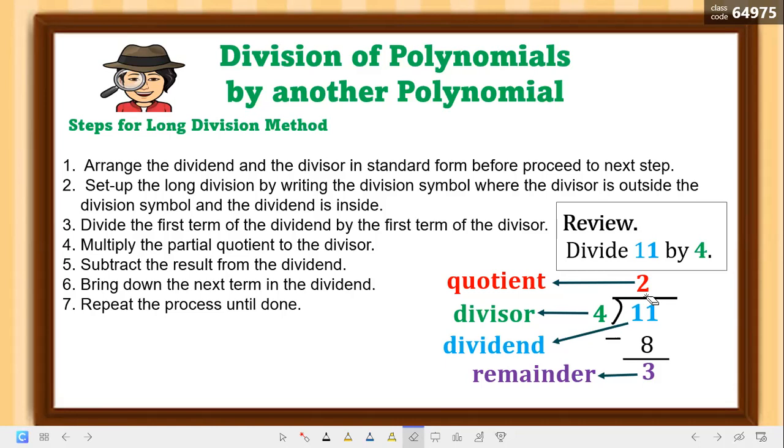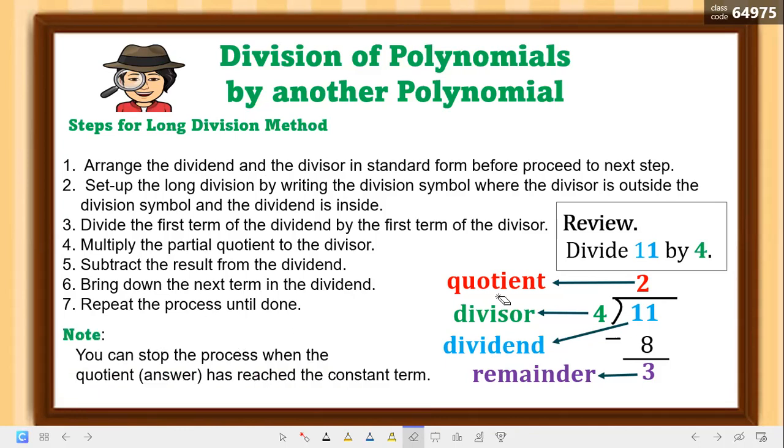Okay, very good. So, kailangan ma-distinguish nyo lang yung mga parts na yan, yung quotient, divisor, dividend, and the remainder. So, yan na yung rule natin or the steps. Susundan lang natin until you come up with the constant term. Di ba sabi dito sa step number 7, repeat the process until done.